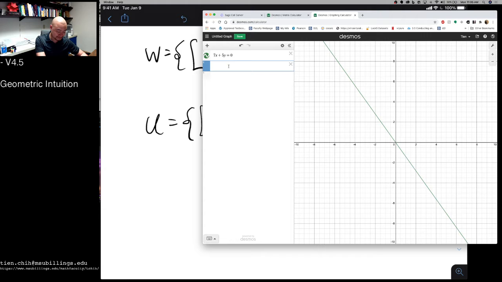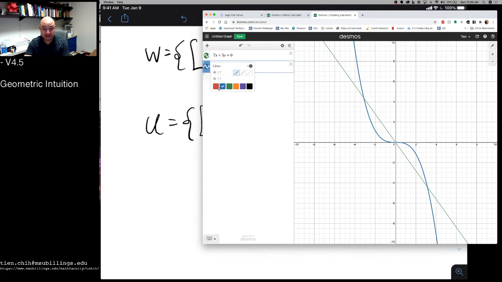And let's go ahead and plot the other one, which is x cubed plus 7y is equal to 0, which gives us this curve here. Let's make that red, which is our other set, right? And again, in both these cases, the plots of these lines shouldn't be too surprising. You can just solve for y and you get the appropriate polynomial, and these are the respective graphs.